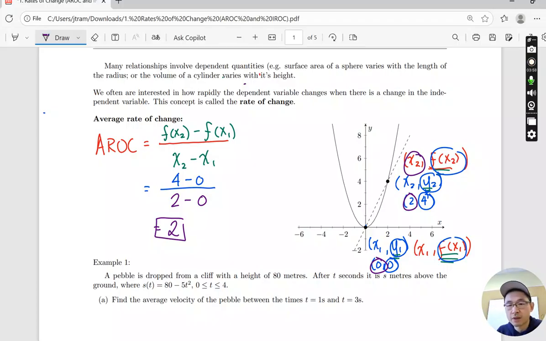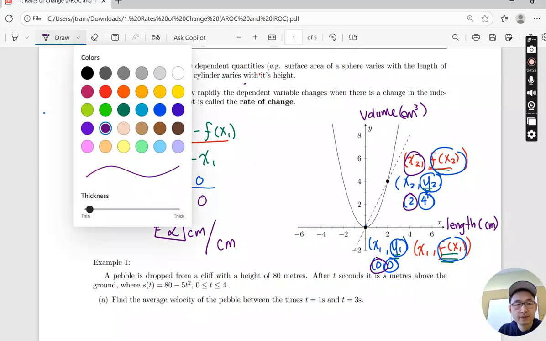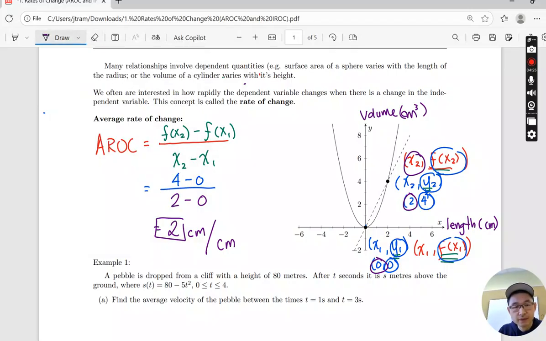But let's say, for argument's sake, this was length in centimeters, and this was volume, so centimeters cubed, then we would say 2 centimeters cubed per centimeter. Actually, the surface area wouldn't be centimeters cubed, because centimeters cubed would represent volume.